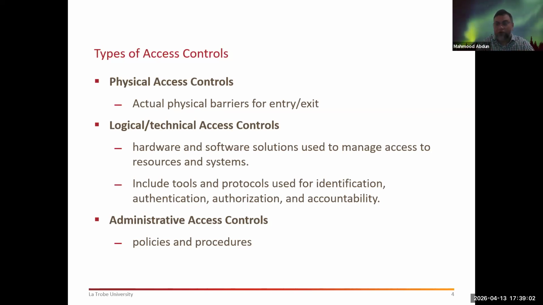So we need to pay attention to all of them, preferably under an overall framework. This is just categorization. Under an overall umbrella would be something like a NIST CSF or any other kind of framework.